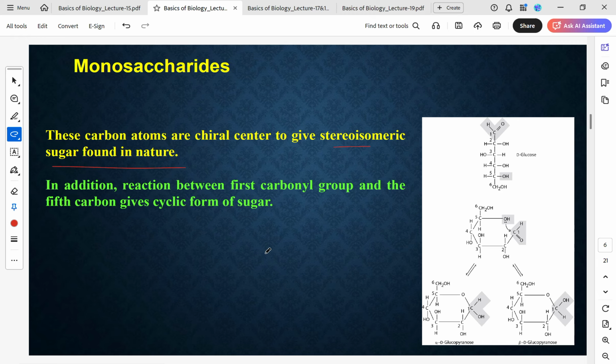The reaction between the first carbon and the fifth carbon gives us the cyclic form of the sugar. The sugar might be present in a linear form like this or in a cyclic form, and the reaction occurs by the formation of a bond between the first and the fifth carbons.